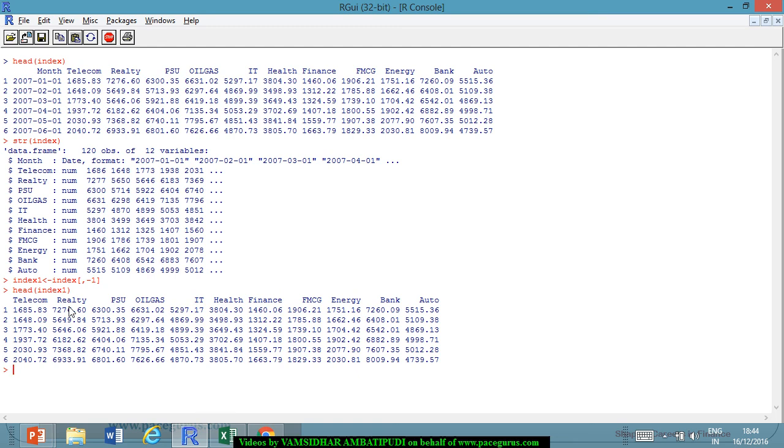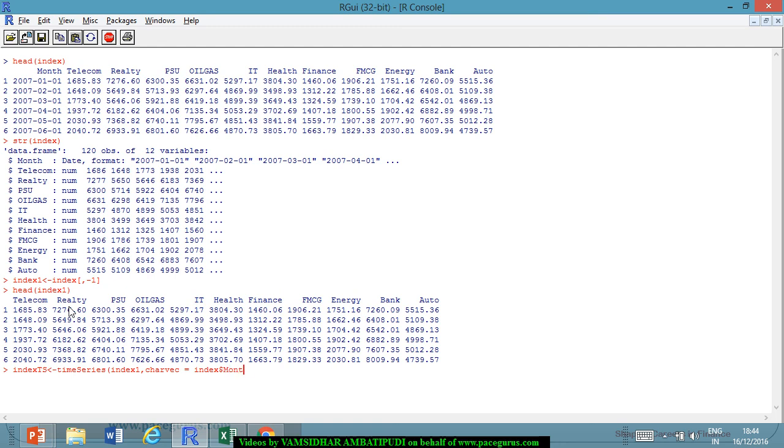rather than having the original date column as well. So let me try this time, index ts, wherein I would like to convert this into a time series. So index 1 I want to convert into a time series, where I will give character vector. Let me give it from index dollar month.